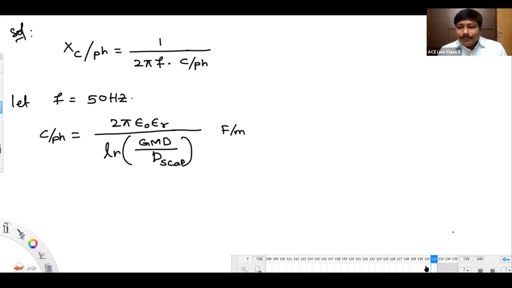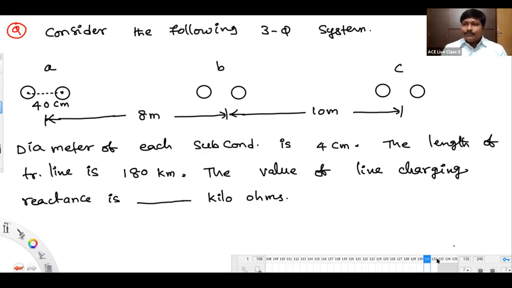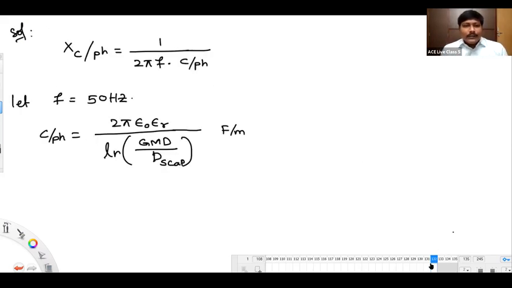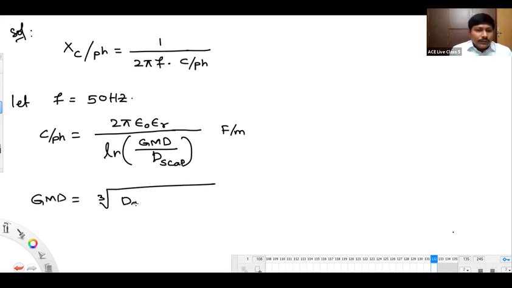What is GMD? It's a bundle conductor system. What is GMD? A to B distance, B to C distance, C to A distance, geometric mean we should consider. So GMD is nothing but the cube root of AB, BC, CA.